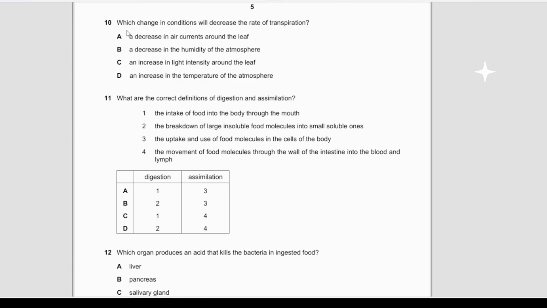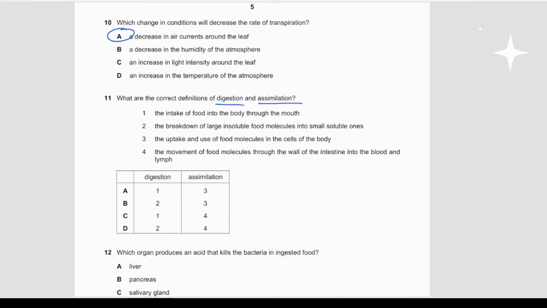No. So the only answer is A. What are the correct definitions of digestion and assimilation? So what is the answer? B.